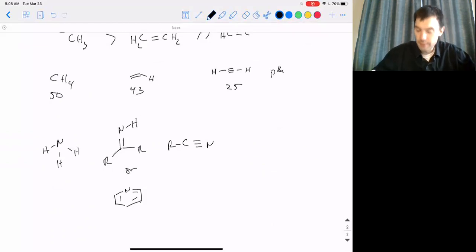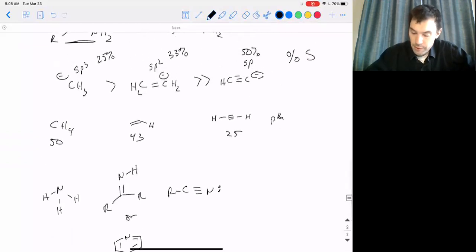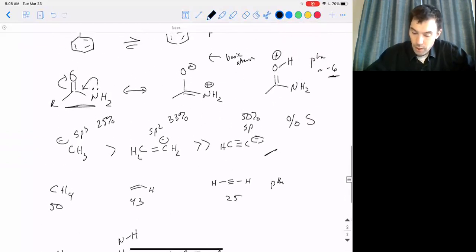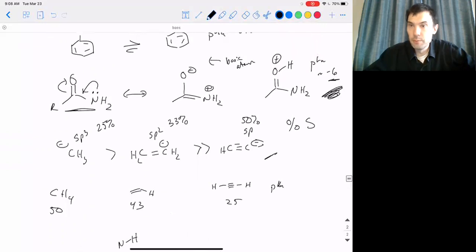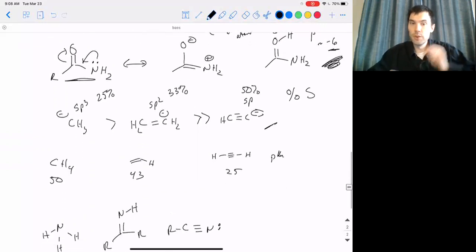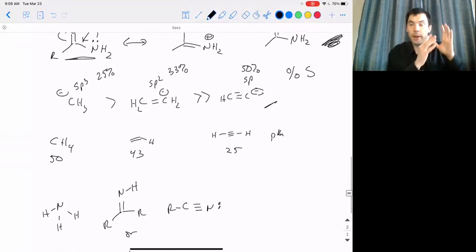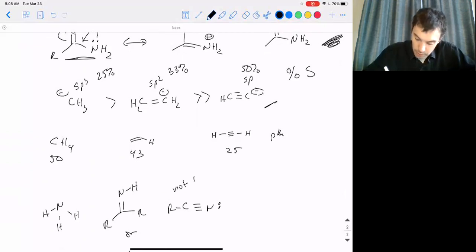Because of this effect, nitriles are not particularly basic. They have a nucleophilicity or a basicity similar to amides. So they're in the same ballpark up here. As you go from that sp3 hybridized nitrogen in ammonia to something else to the nitrile, you end up really mitigating the basicity. And so these end up not being basic.